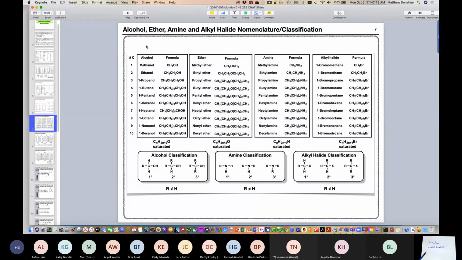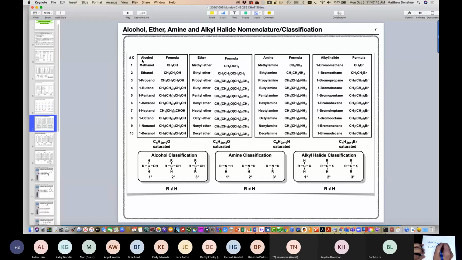So we can see on this slide that has alcohols, ethers, amines, and alkyl halides. We started with heptane. We see that the major functional group is now an alcohol, OH. So now we have heptane, the E becomes OL.